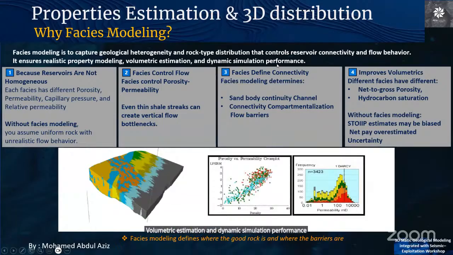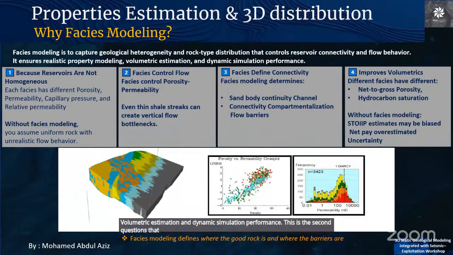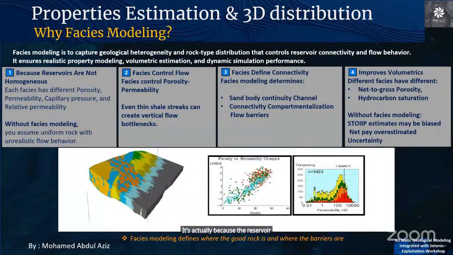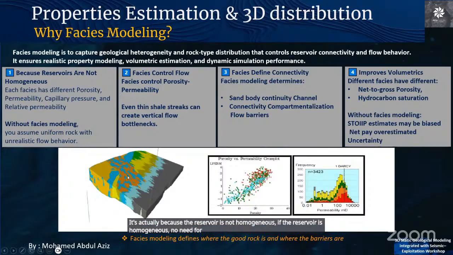This is the second question that I told you before, and here is the answer. Facies modeling is needed because the reservoir is not homogeneous. If the reservoir is homogeneous, no need for knowing the facies. Each facies has different porosity, different permeability, different capillary pressure, and relative permeability, which control the flow simulation after that.